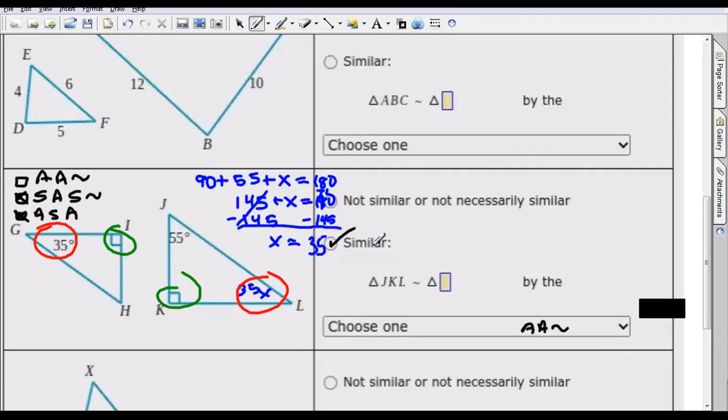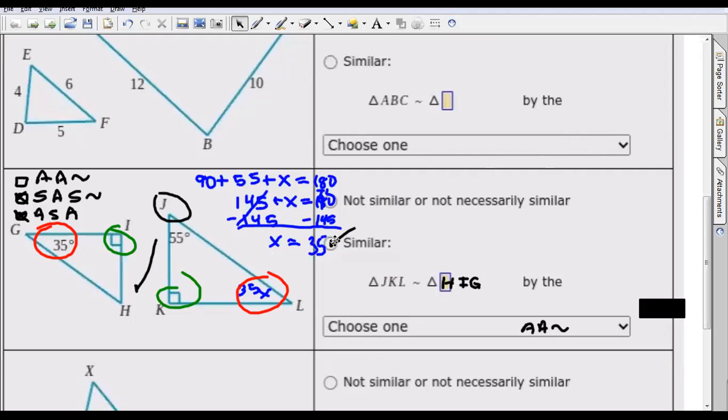Now, the similarity statement: angle JKL is similar to, remember, go in order, the J will correspond to H, the K will correspond to I, and the L corresponds to G. So you select that they are similar, you write the similarity statement, and they're similar because of angle similarity. Okay?